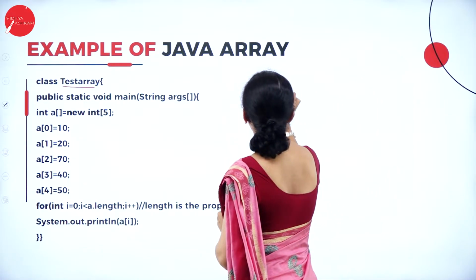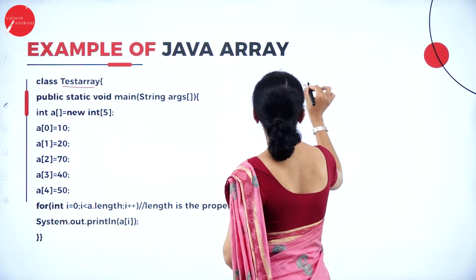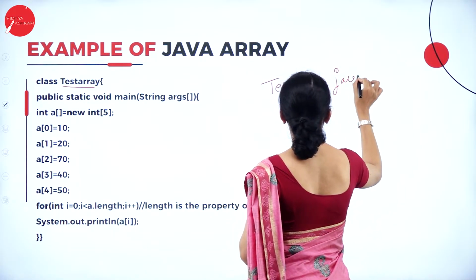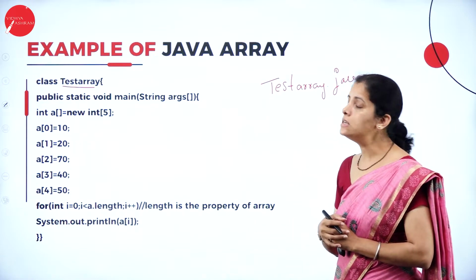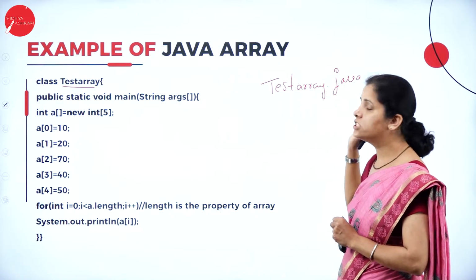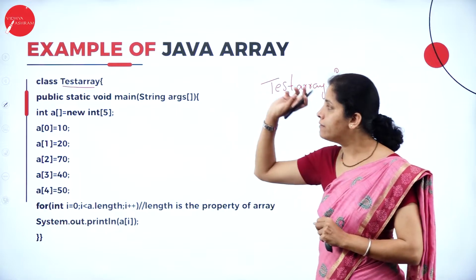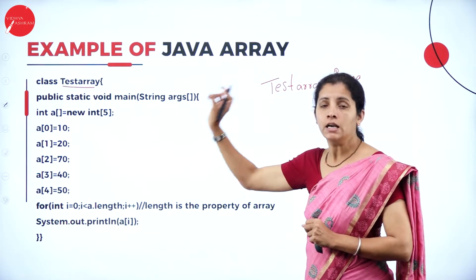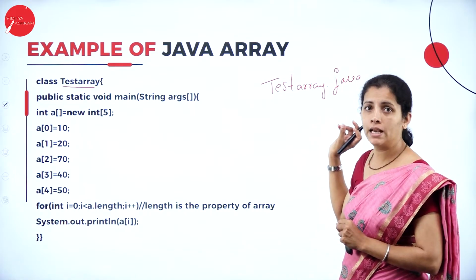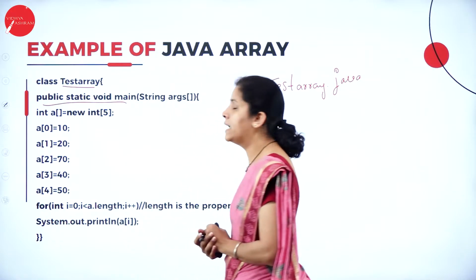That is TestArray.java. I'm going to store this program by the name TestArray.java. So, dear student, please make sure that whatever class name you have, that is your file name in the Java programming language. Then I have the main method.